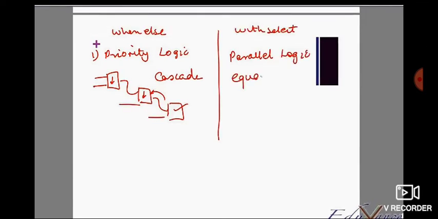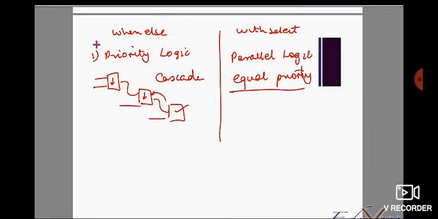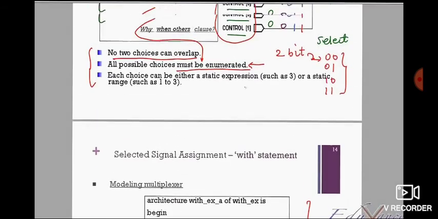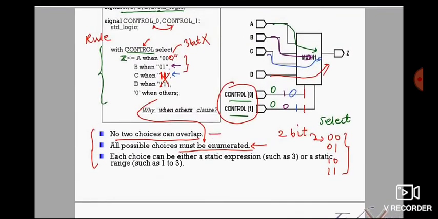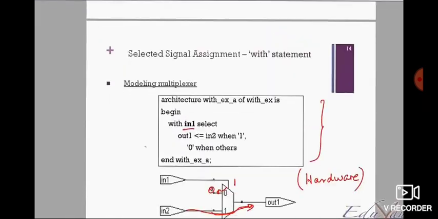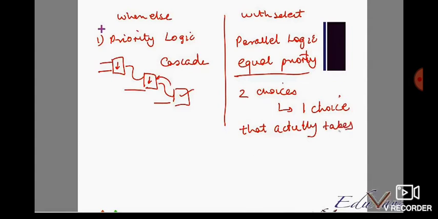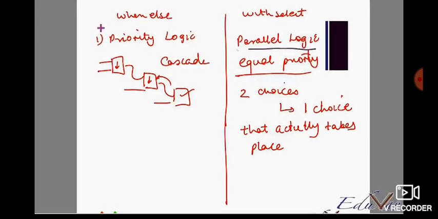Everybody has equal priority. The primary reason is that no two choices can overlap and all choices must be enumerated. If two choices cannot overlap, it means it's always going to be just one choice that actually takes place. So hence you will always get parallel logic.